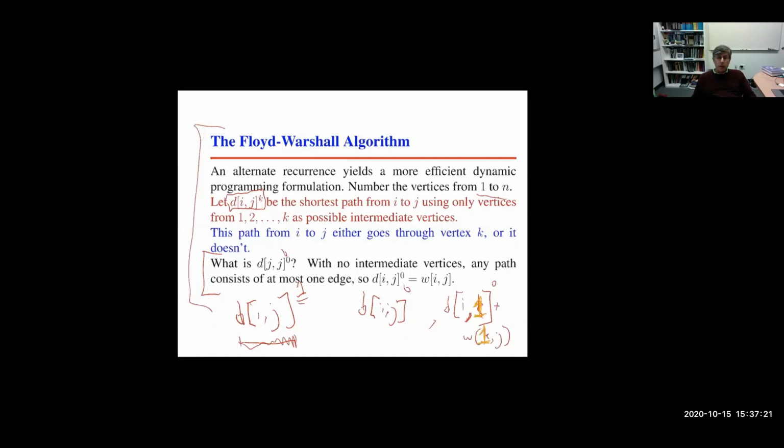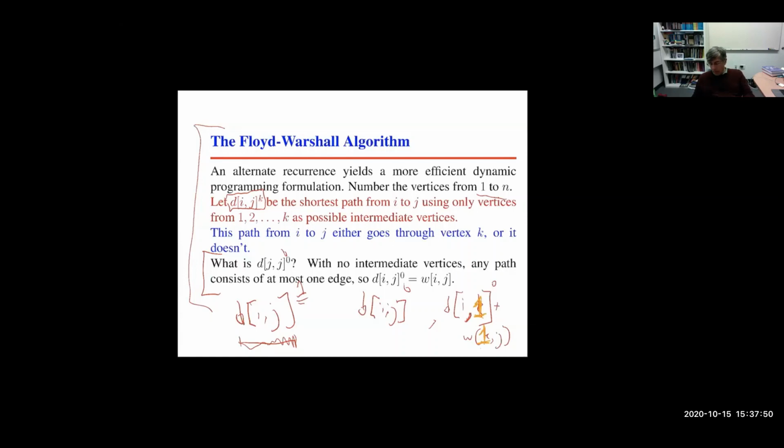Does everybody see that if I'm allowed to only use 1 as an intermediary, which is cheaper? It's the cost of getting from i to 1 without using anybody as an intermediate, plus the weight of the edge from 1 to j. Does everybody kind of agree with that?